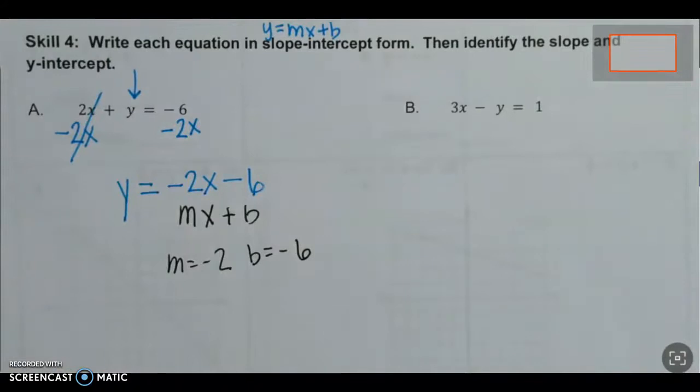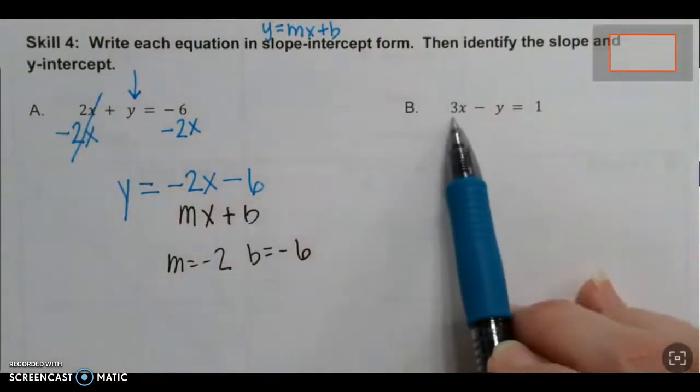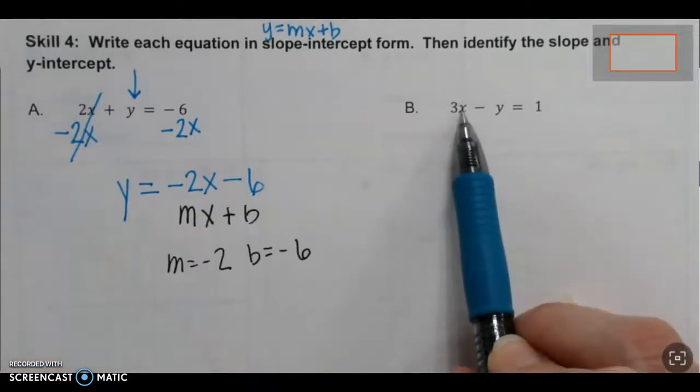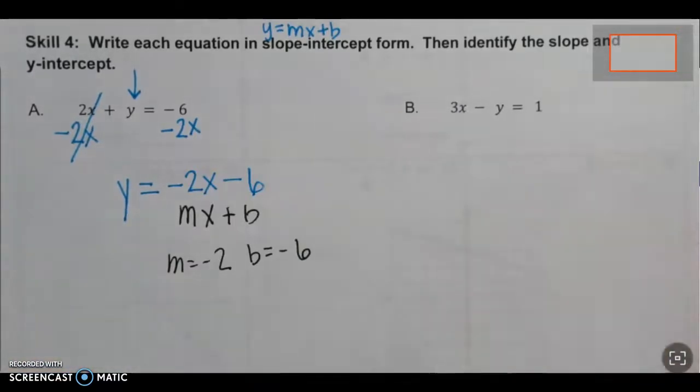Now that seemed too easy. Well, you're right, it's definitely too easy. So we have to kind of kick it up a notch. So the next two questions will be a little bit harder, but not too terrible. We are always going to start with getting rid of this x piece. So if it is a positive 3x, we're always going to do minus 3x.